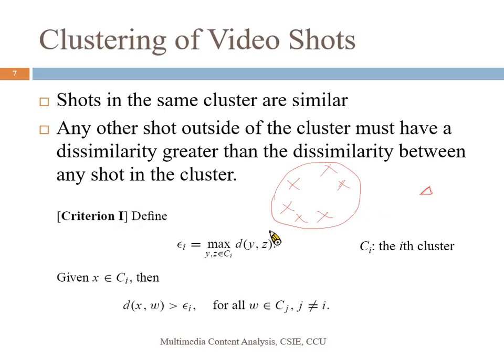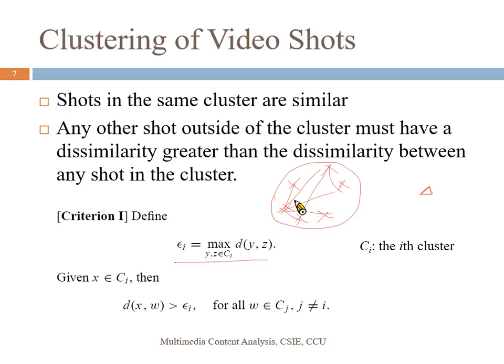Okay, mathematically we can define it like this. For the video shots belonging to the same cluster, for any two video shots, we compare their distance. For example, these two, these two, these two, and so on.